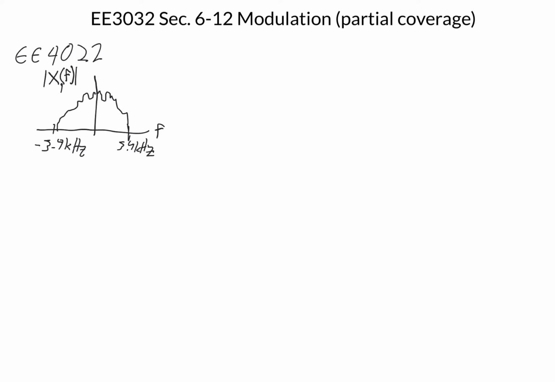So there might be several voices that we want to transmit, or several audio signals. Let me draw one here and call it X2. Here is going to be a low fidelity musical signal.